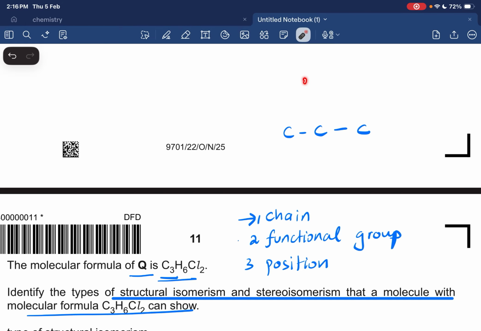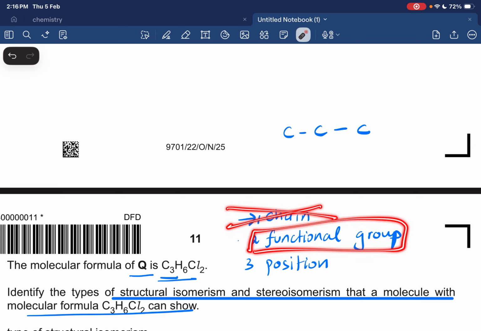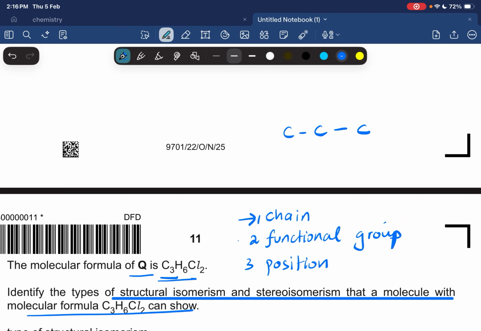Why? Because if you have 3 carbons and you put 1 carbon down here, it again becomes a linear line. You cannot form a chain with 3 carbons, so it cannot give you chain isomerism. Functional group isomerism means there's a different functional group. With 2 chlorine atoms, you cannot have any functional group except for halogenoalkane.